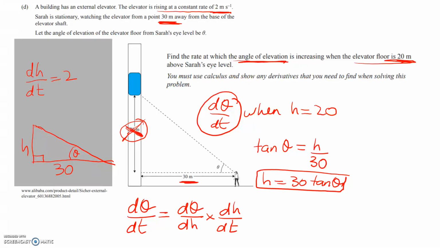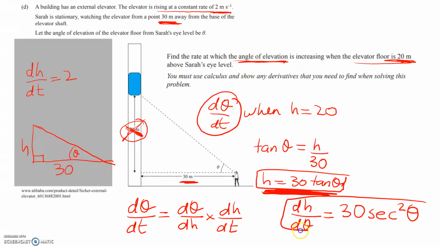Right, now the only trouble we've got is that when I look back over here at h equals 30 tan theta, I can differentiate that, and that'll give me dh by d theta. It won't give me d theta by dh directly, but let's do it anyway and see what we can do with it. So we get dh by d theta is 30 sec squared theta.